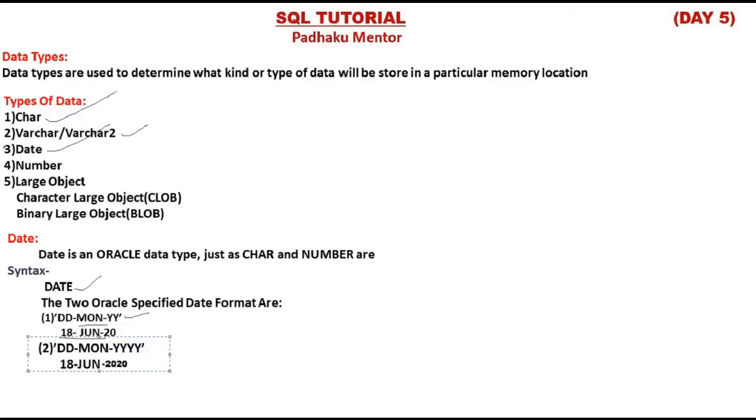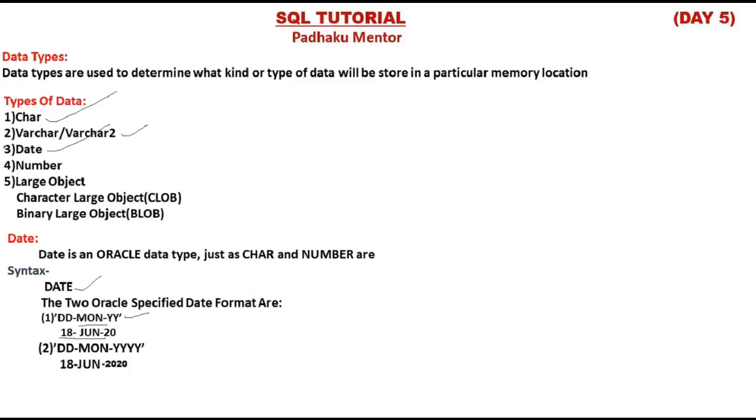You cannot write 15 AUG 47, because then how would we know which 47 you mean? It might be 1847 or 1747. So here we have to mention 15 AUG 1947. If you are working with the current date, there is no need to write 2020. You can write only 18 JUN 20, and the user will understand that.